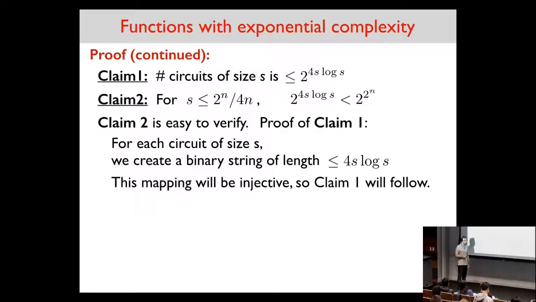It's a mapping, and this mapping will be injective. If this mapping is injective, then we know that the number of possible circuits of size s is less than or equal to the number of possible binary strings of this length, which is 2 to the power 4s log s. And that's exactly what we're trying to prove in claim 1.